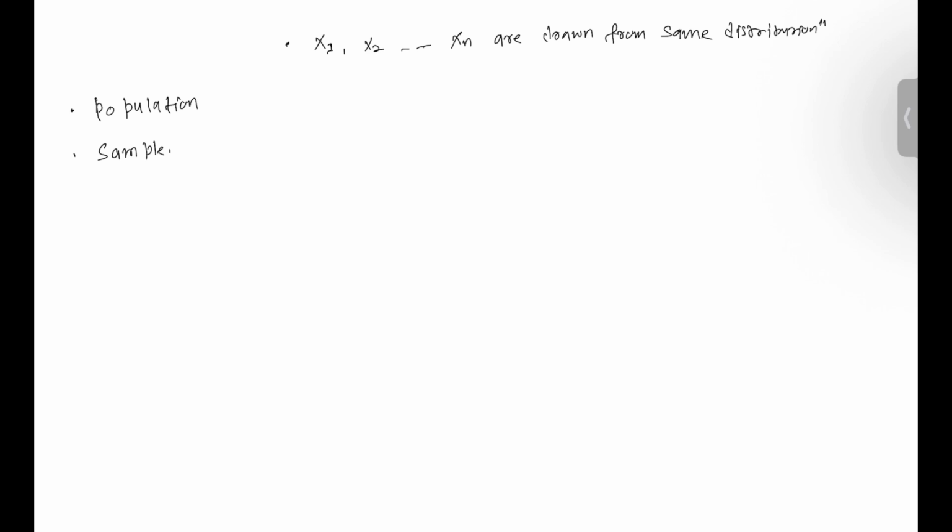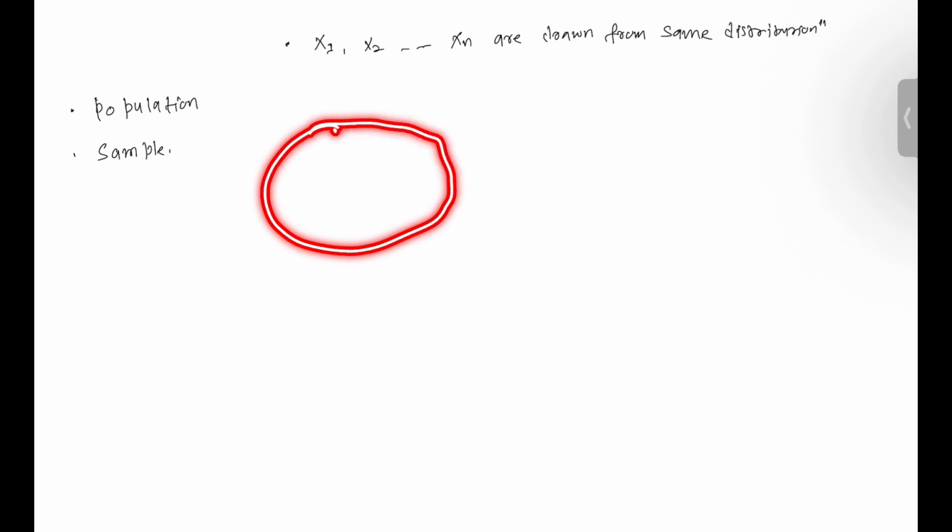And why do we call these samples random variables? Because each time we take a sample, we could get a different result. Suppose we are studying flowers. The first time you sample from this population, you get a flower that is 10 centimeters tall.